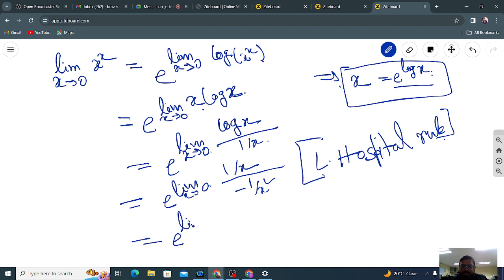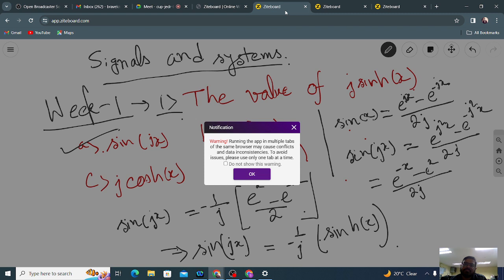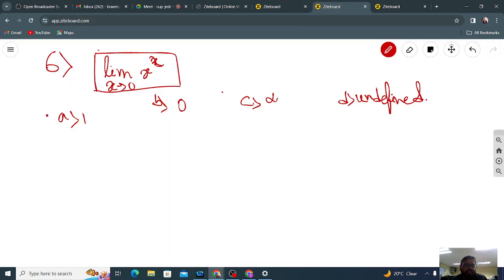This is exponential limit of x tends to 0 of minus x. This is e to the 0, and that is 1. So according to the question, the correct option is 1.